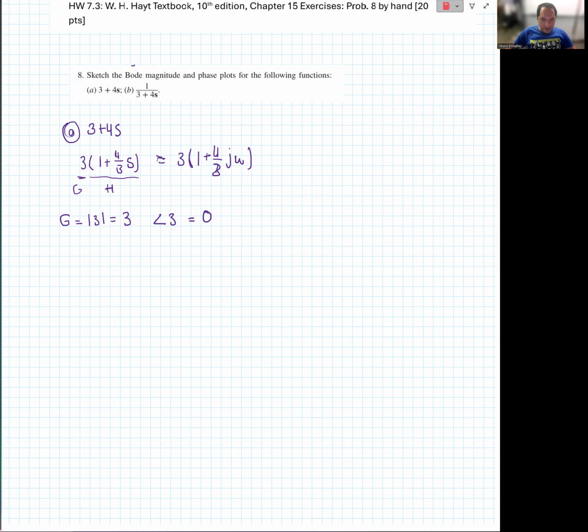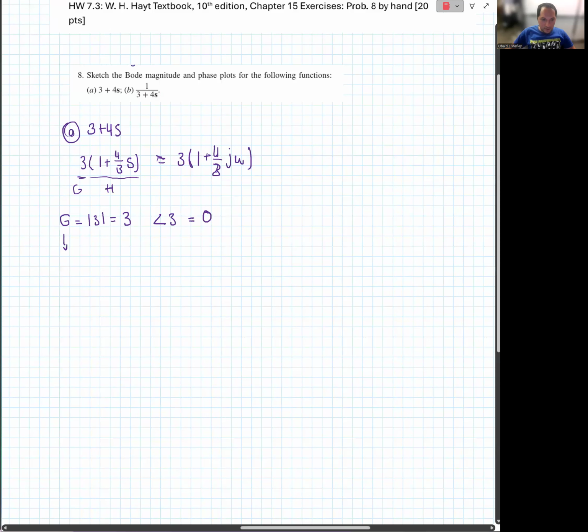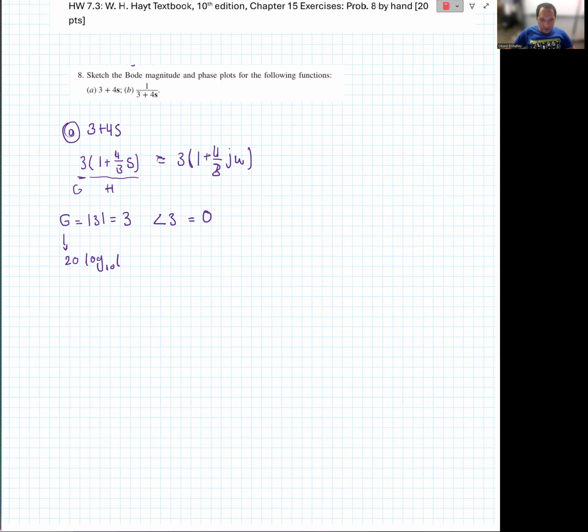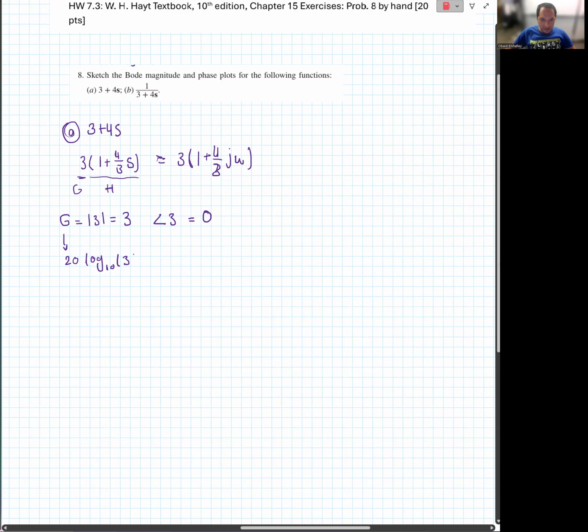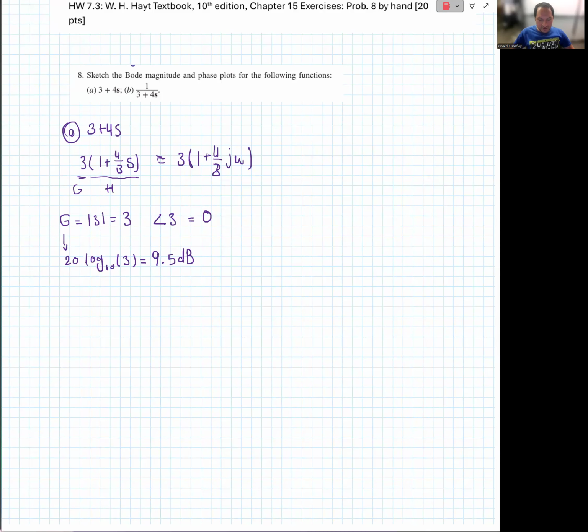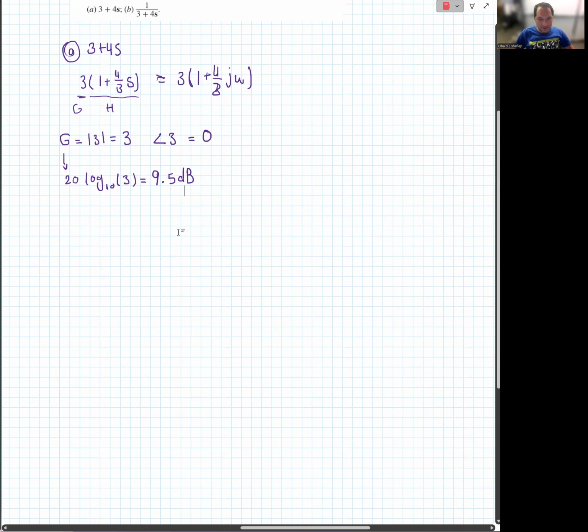So converting it into the form we need for the Bode plot, which is 20 log 10 times the magnitude of 3, which is, I think, 9 point something, 9.5, probably 9.5 dB. And the angle is 0 degrees.